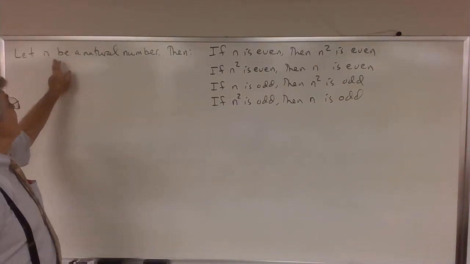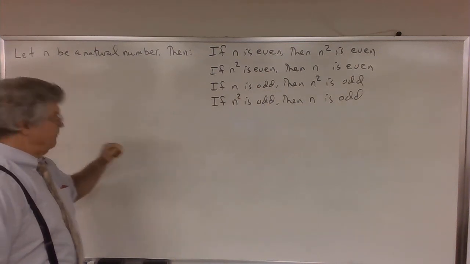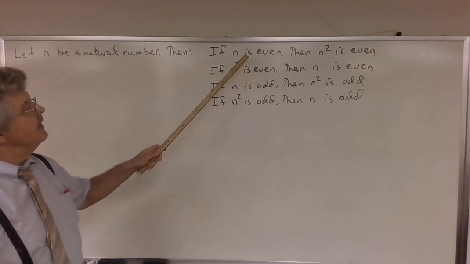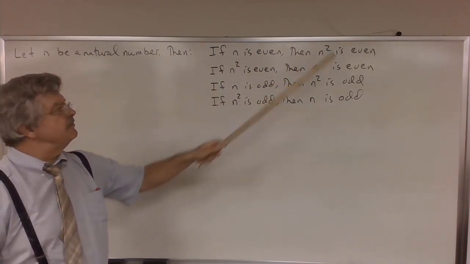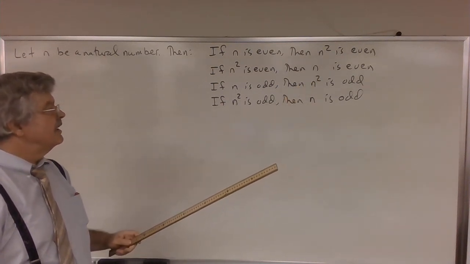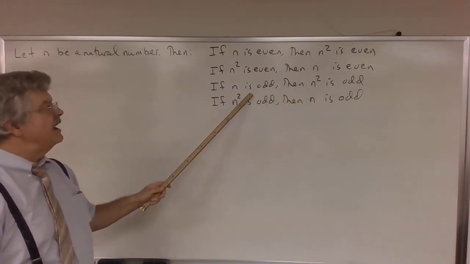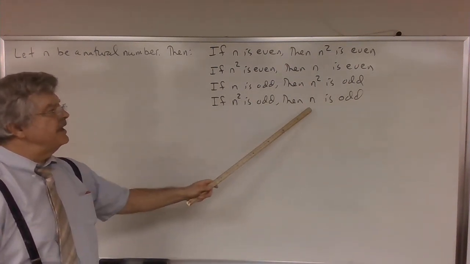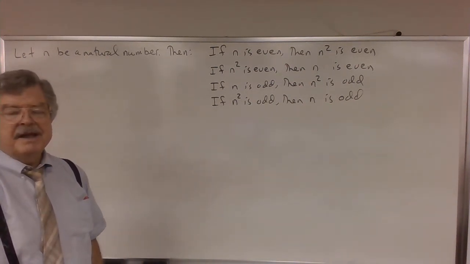So take any natural number n. If n is even, then n squared is even. If n squared is even, then n is even. On the other hand, if n is odd, then n squared is odd. And if n squared is odd, then n is odd. Now guess what?